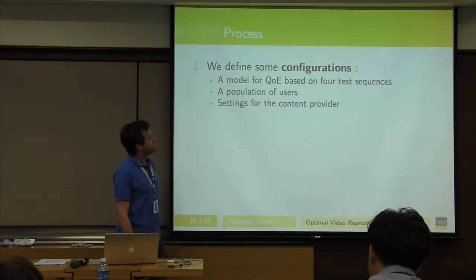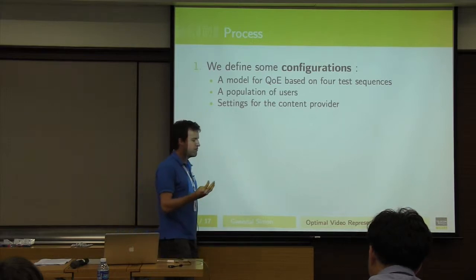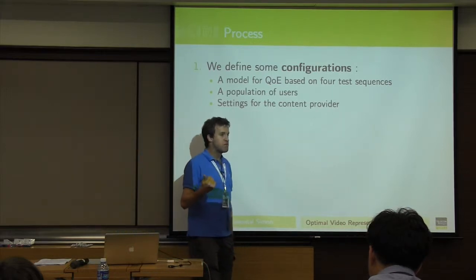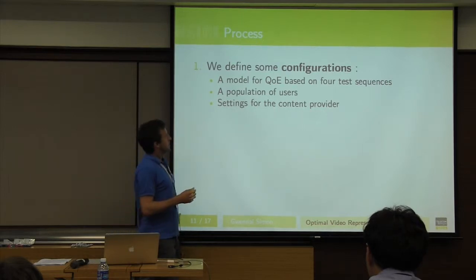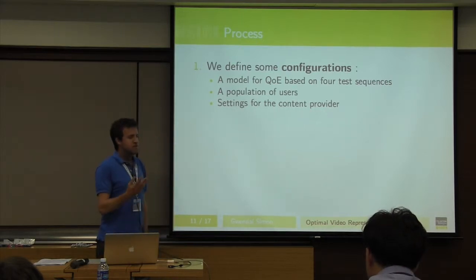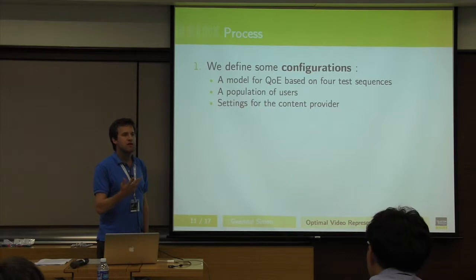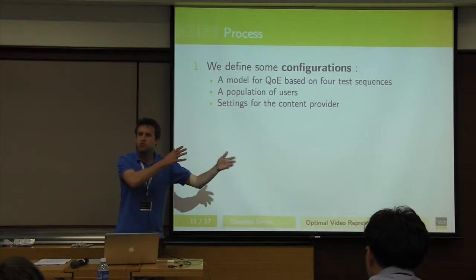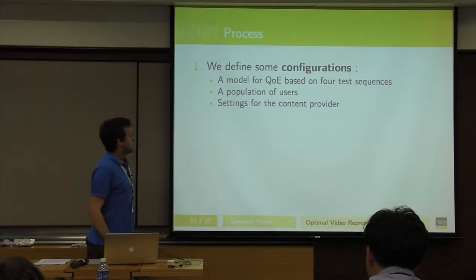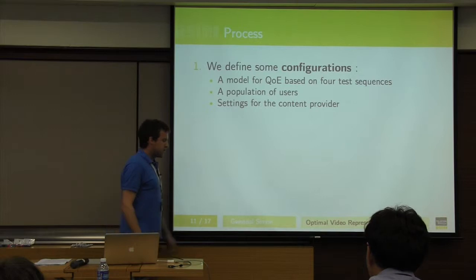We took 4 different videos: one sport video, one cartoon, one movie, and one documentary. And these videos will form the catalog. So if you are a content provider specialized in sports, you can just choose your sport video and that's it. But we try to make something which is a mix of everything.